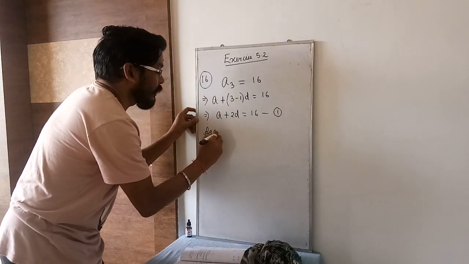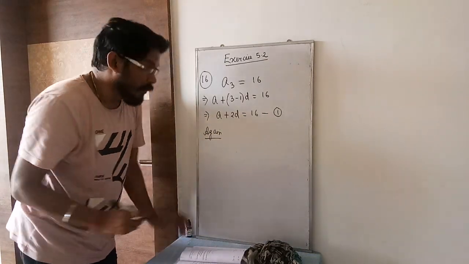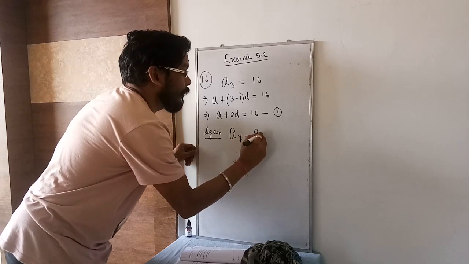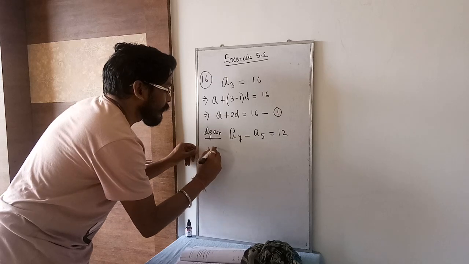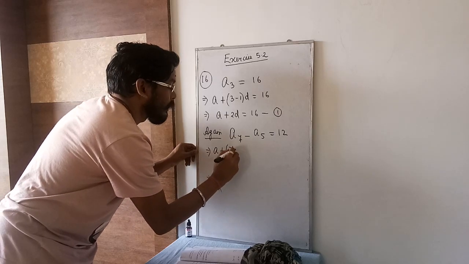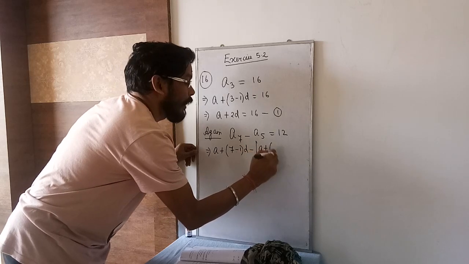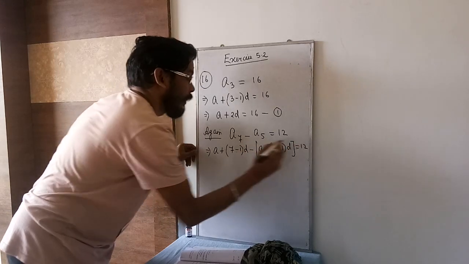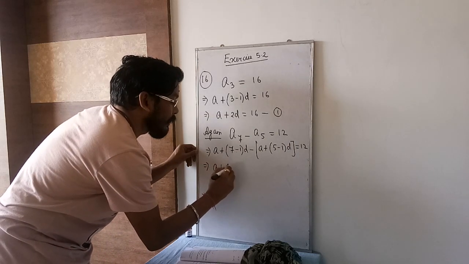Again, what did they give? The 7th term exceeds the 5th term by 12. The 7th term a7 exceeds the 5th term by 12. So a7 is a plus 7 minus 1 into d, minus a5, which is a plus 5 minus 1 into d, equals 12. So here you got a plus 6d.